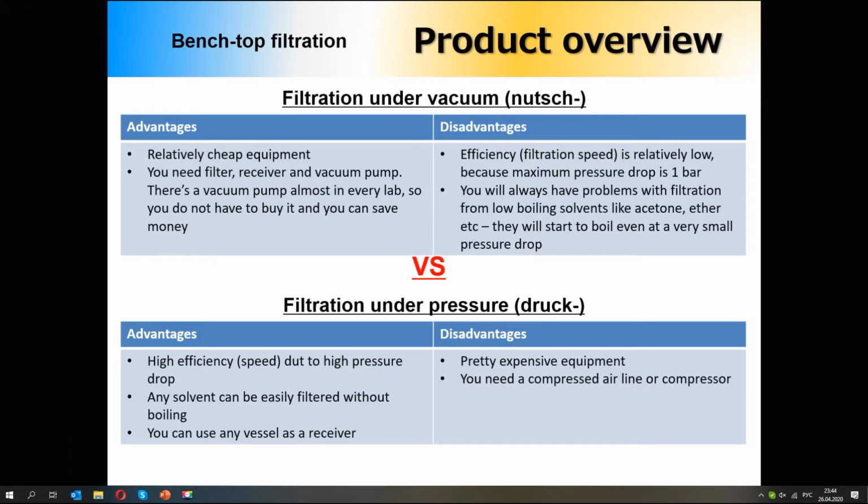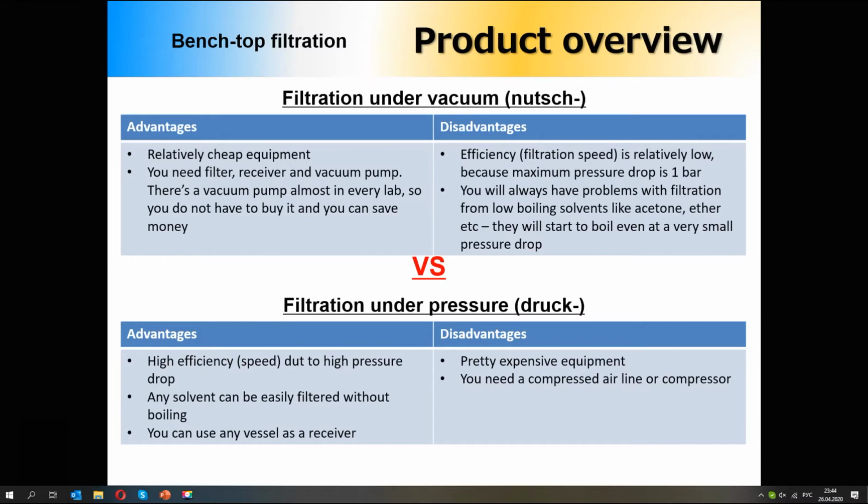As soon as we have the pressure drop, the atmosphere presses on the slurry, and that's how the filtration is done. Pretty simple. I hope every one of you knows that.